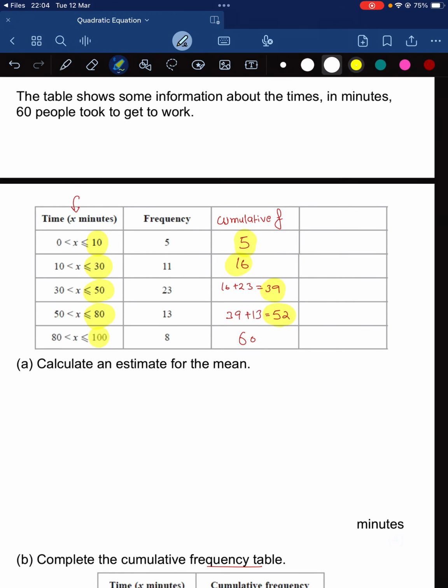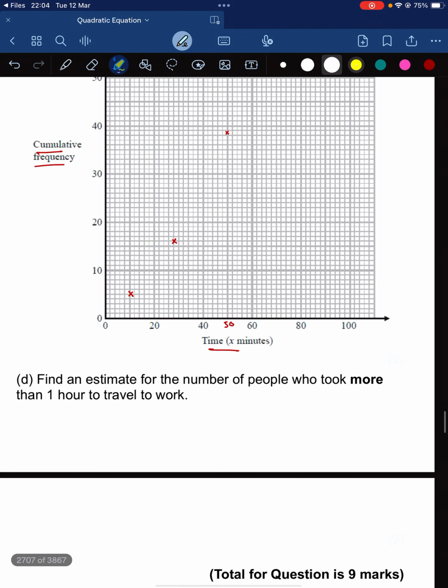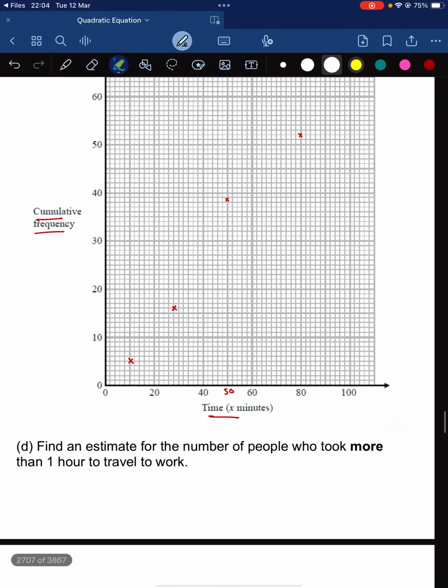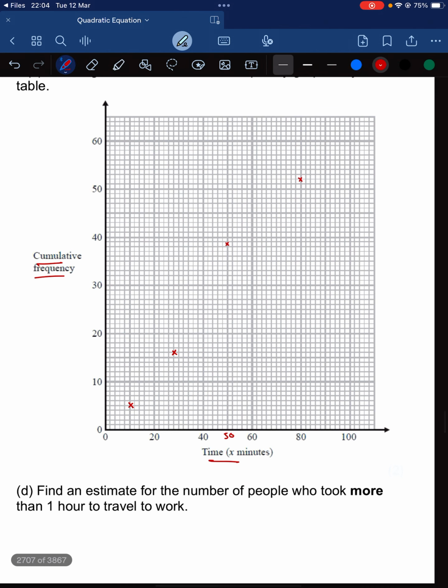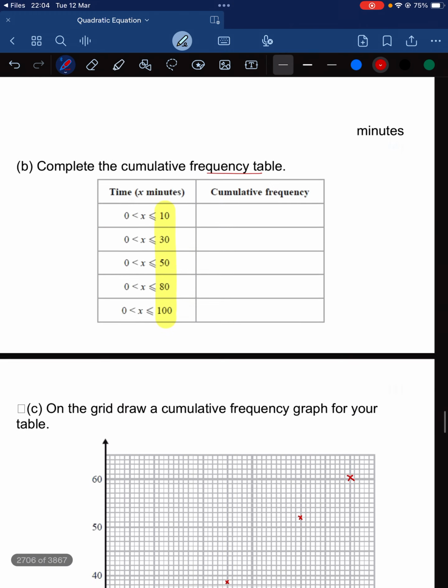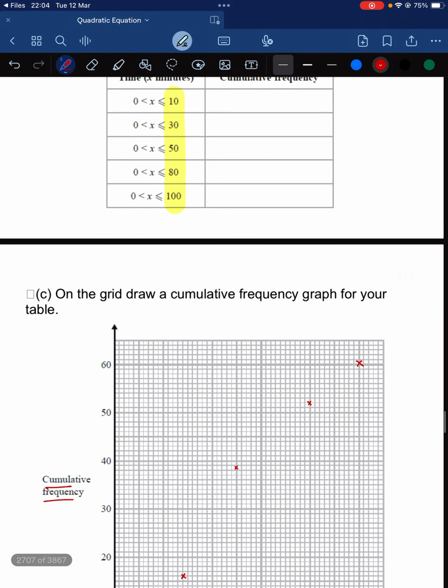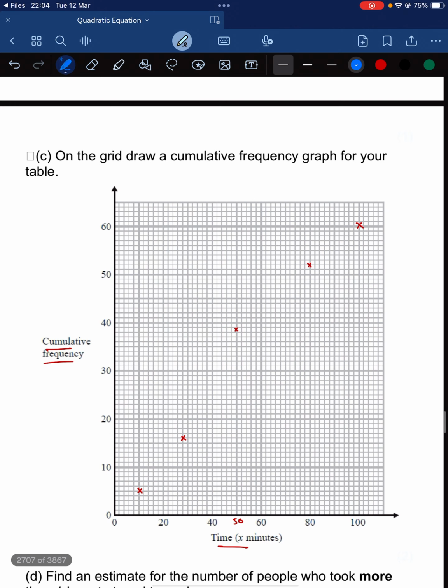As you can see, the last point is 160. Now we will mark this point: 160 against 60. Now we need to join the points and we will get the curve. We need to join them with a free hand. You don't need to go to the zeros, you just need to join these points.